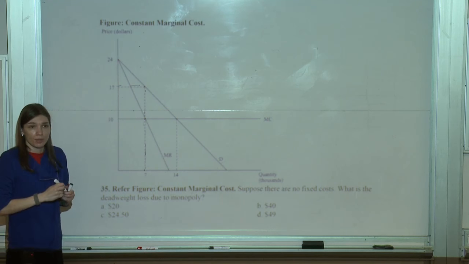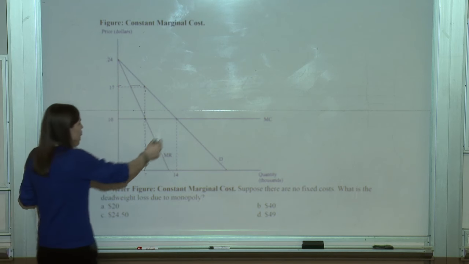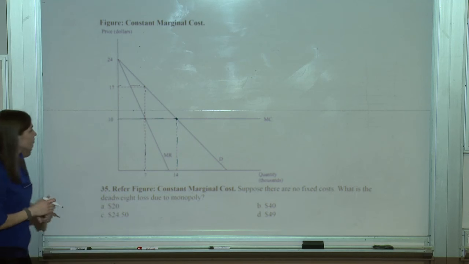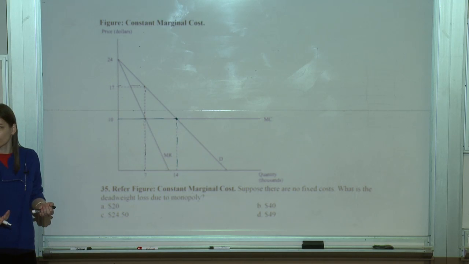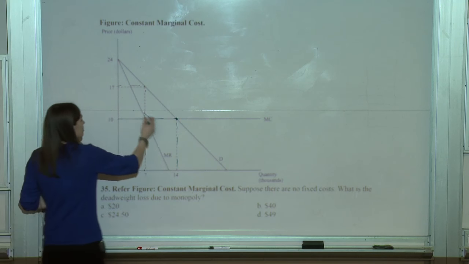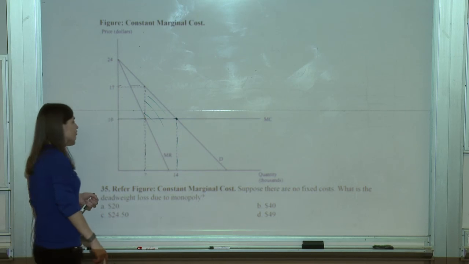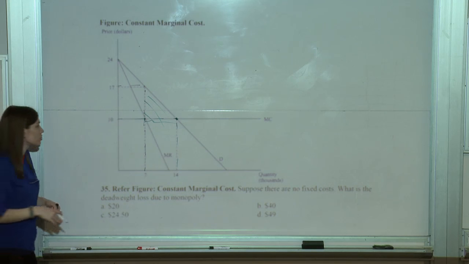And the competitive industry, perfect competition, is going to produce here at that quantity, 14, and price of 10. And deadweight loss, that's the difference in total surplus. True? That's that. Area of that triangle. This is a right triangle in this case because marginal cost is constant.